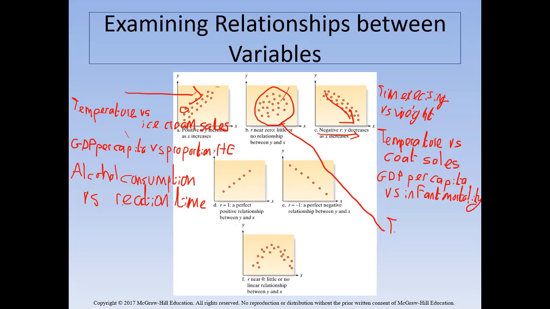Let's have the temperature versus, and let's think of something unrelated, reaction time. Your reaction time does not change with temperature. Hopefully not. Unless it's incredibly, incredibly hot. So these are things where there's little or no correlation. The X and the Y are almost random.